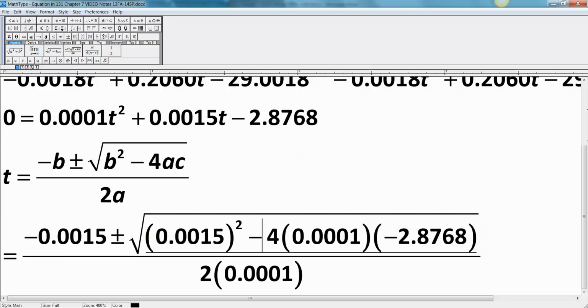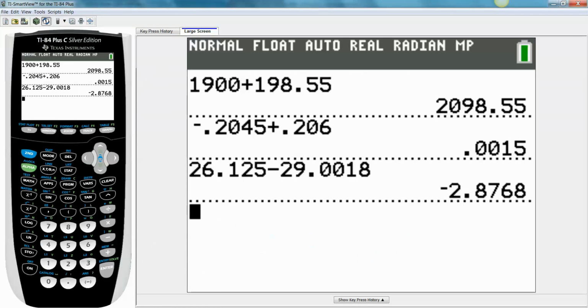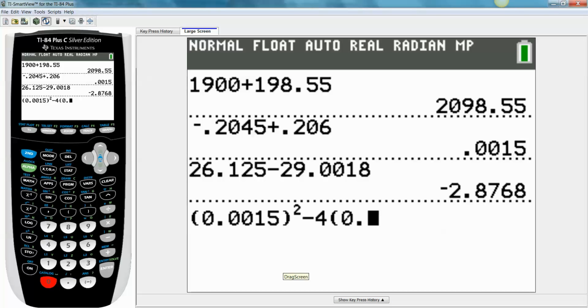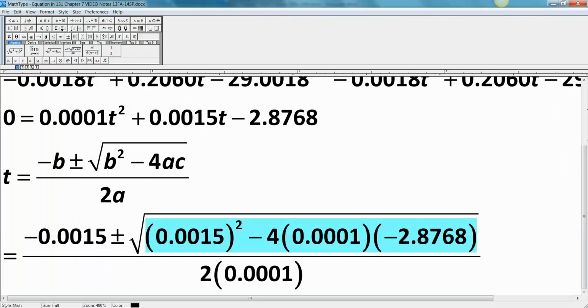But we're going to make the calculator find what this whole thing is, right? Because we don't need that by hand. So, I mean, we're trying to come up with decimals for all this anyway. So it's 0.0015 squared minus 4 times 0.0001, that was your A, times your C, which was negative 2.8768.